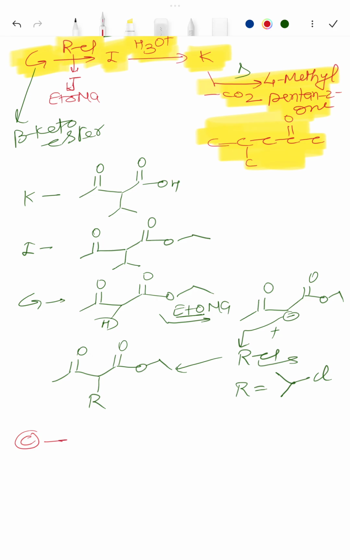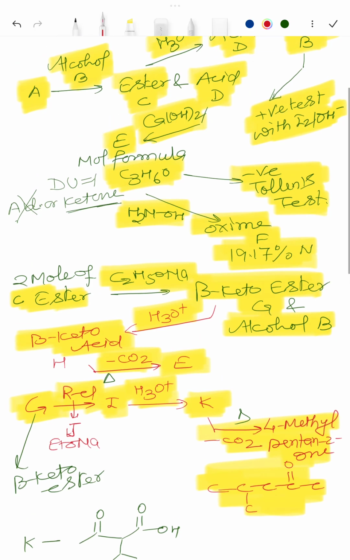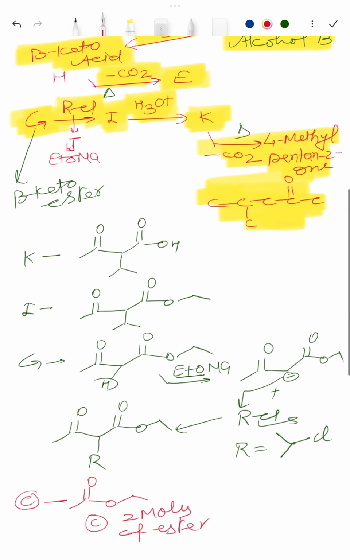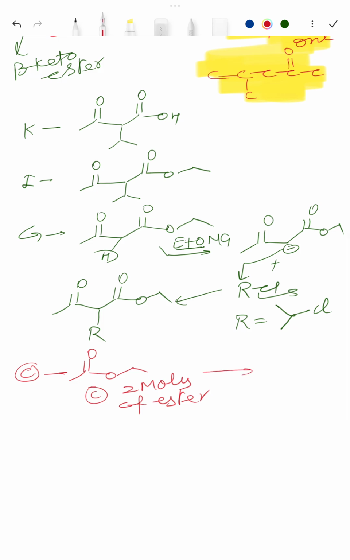Here C double bond O, OR and this. This is actually C, 2 moles of ester. So here C, 2 moles of ester, and C2H5ONa. So here Claisen ester condensation will take place.